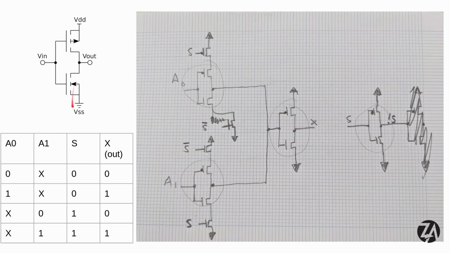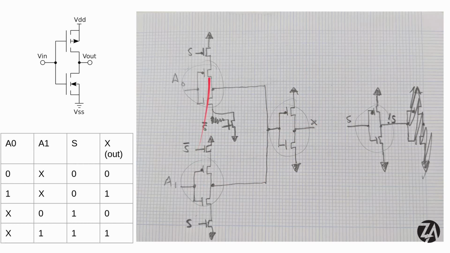We get a P and an N, and at the top you've got positive, and at the bottom you've got negative. So we've got our input S going to not S, and then we've got our A0 and our A1 inputs, and they both are fed into what looks like an inverter that then goes back, joins into another inverter and becomes our output X.